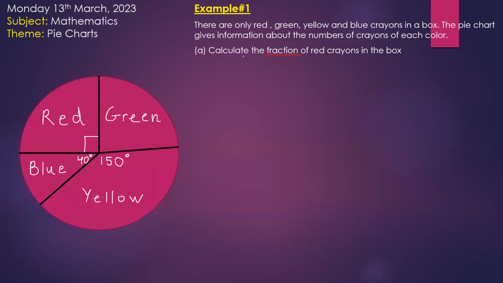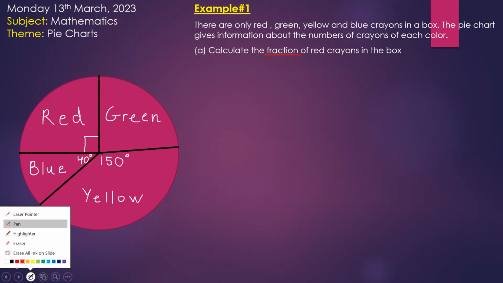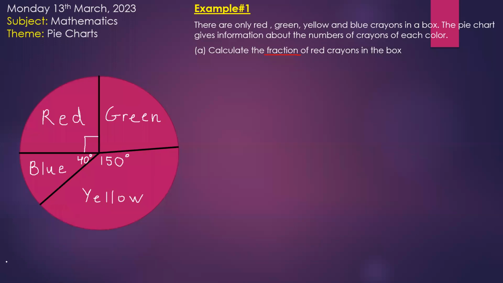So our answer is going to be in what form? In a fraction form. So we want to calculate the fraction of red crayons in the box. Okay, so this one is very easy because, first of all, how many red crayons are in the box? 90?